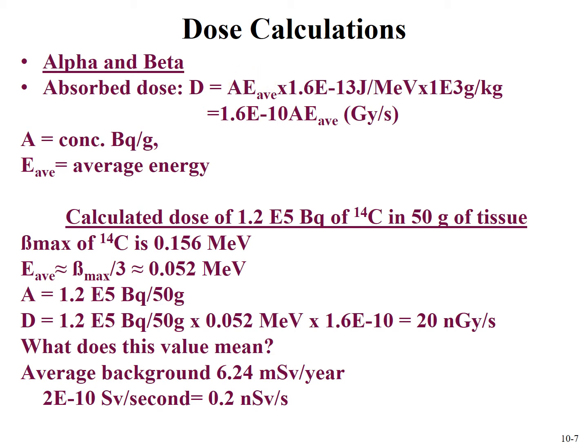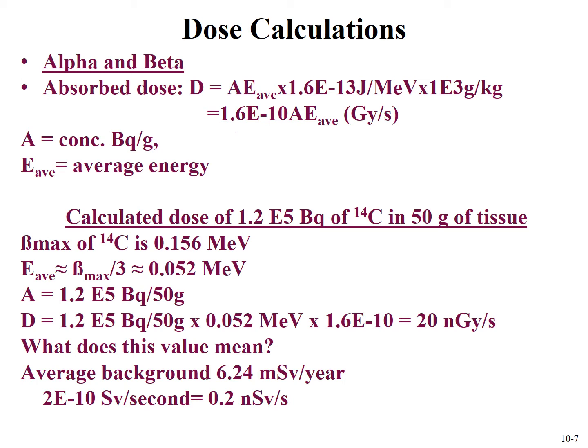If one wants to use the dose in grays per second, this equation here transforms to a very simple equation where you get 1.6 times 10 to the minus 10, A, which is the concentration in becquerels per gram, times E, which is the average energy. This equation is for alpha and beta. For alpha, the average energy can be the energy of the decay, whereas for beta, since we have a range of energies, we actually use 1/3 of the beta max as the average energy.